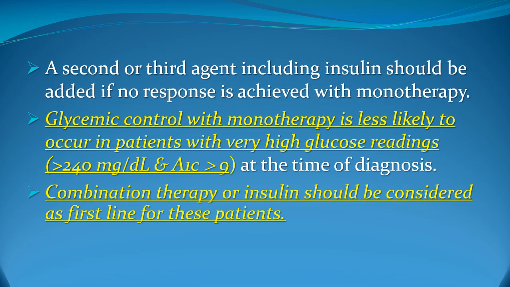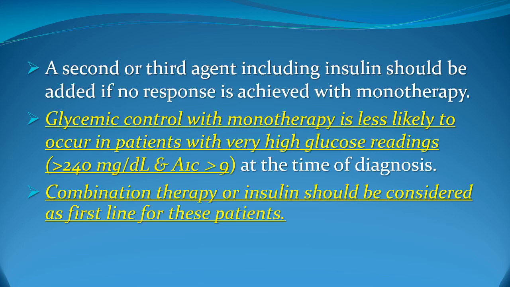Now, another important fact regarding the initiation of oral therapy: sometimes we are confronted with certain patients in whom the blood glucose level is too high, exceeding 240, and the A1C is more than 9. In such a category, the high blood glucose level will most unlikely be controlled by selecting one drug.